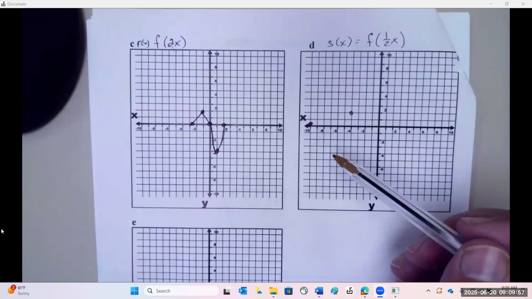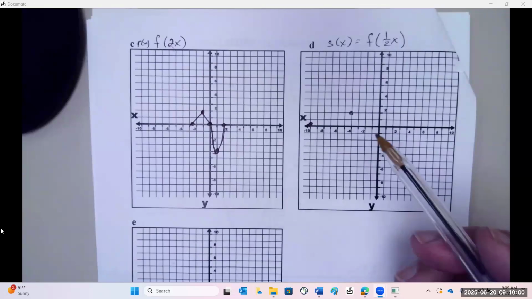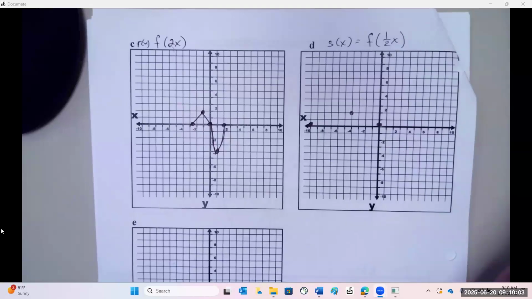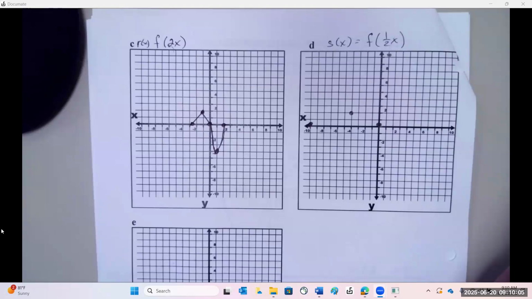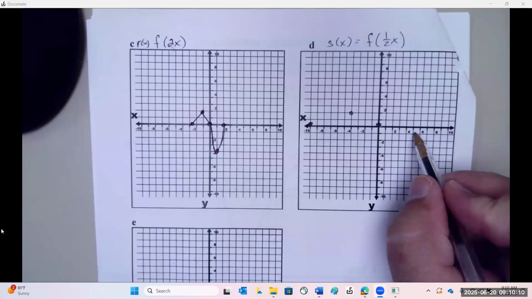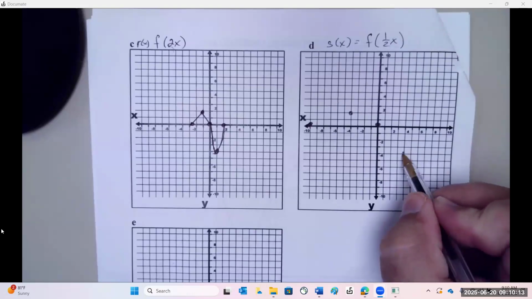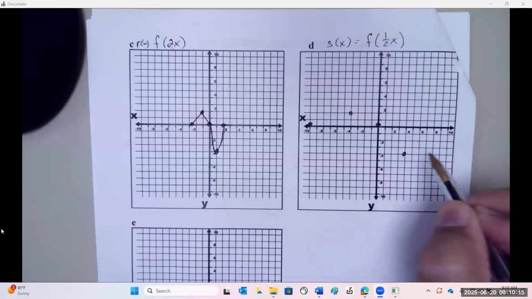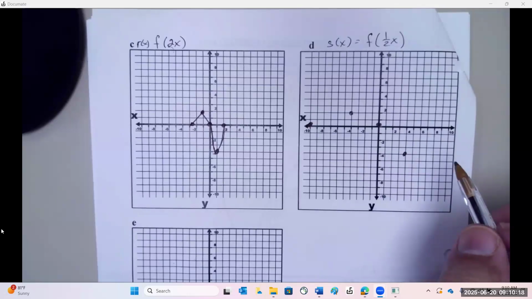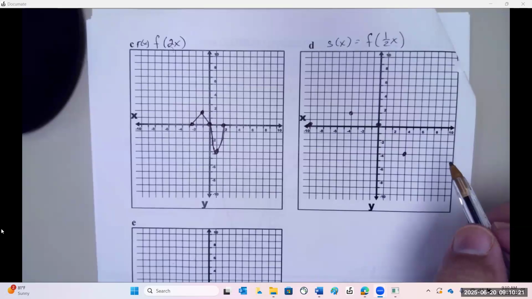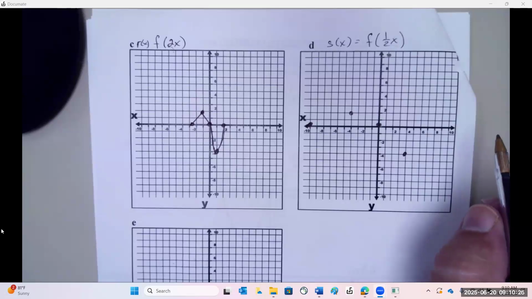What about at 0, 0? Stays there. The next point was at 2, -4. What happens there? 4, -4. And the last one is 4, 0. What does it become? 8, 0.